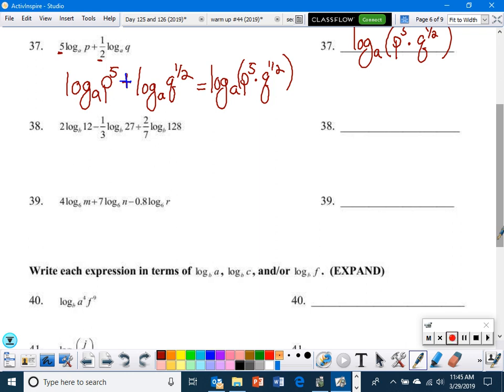Okay, the next one. Again, start off with the power property.